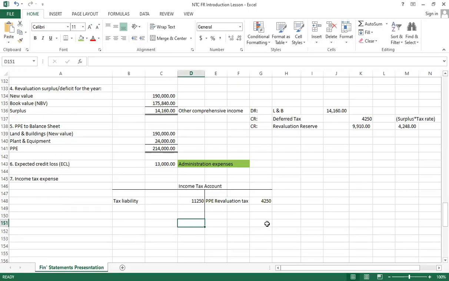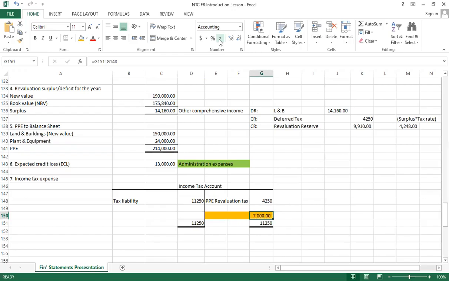If that is the case, then we are done with this account, and we can balance it off. When we balance it off, you realize that debit is more at 11,250. The credit will also have the 11,250. Now what we are looking for is the balancing figure, which comes to 11,250 minus this 4,250. So that's about 7,000. And the question is, what is this 7,000?